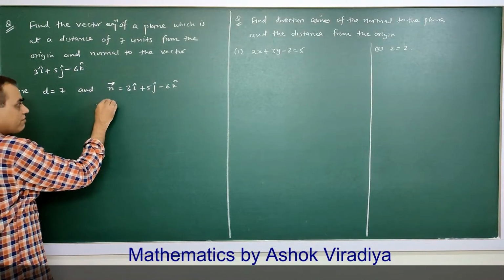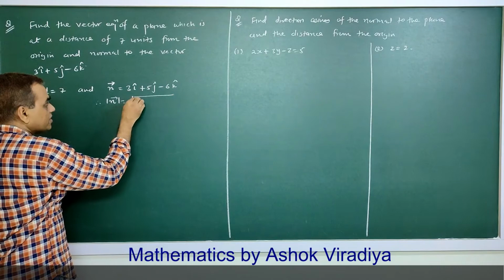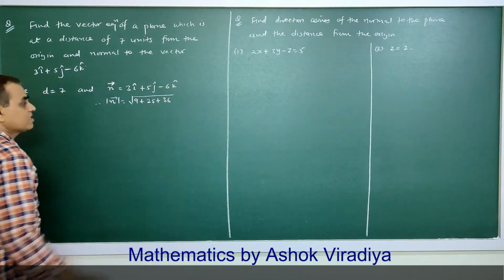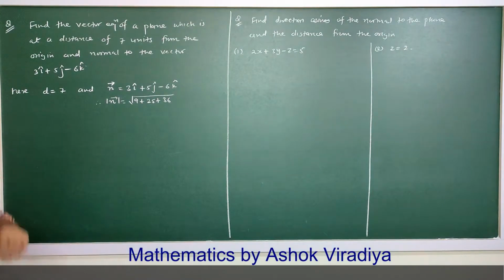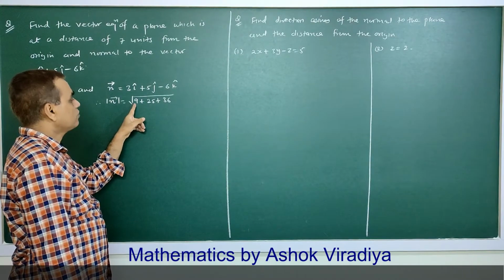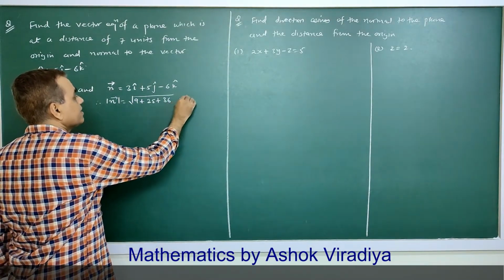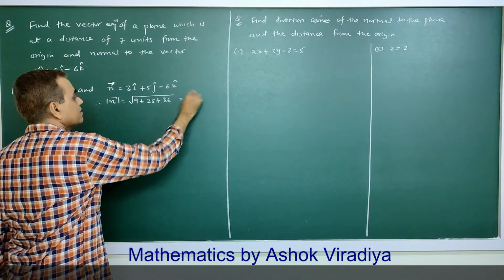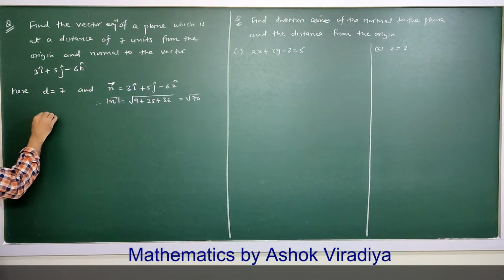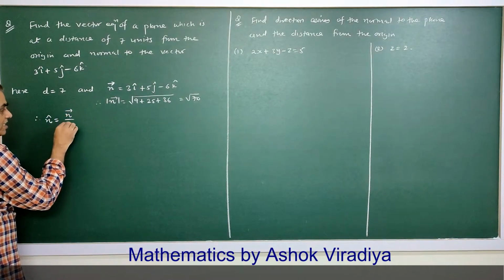So the magnitude of vector n is the square root of 3 square is 9, 5 square is 25, minus 6 square is 36. That is 25 plus 9 is 34, 34 plus 36 is 70. So square root of 70. Therefore, the unit normal is vector n divided by its magnitude.